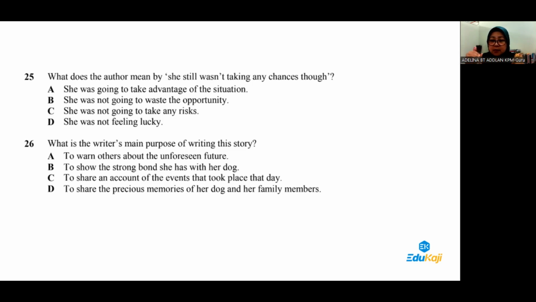A narrative text is something like a story. When it is a story, you have to really read between the lines because sometimes they would use some bombastic words, very high-end words. And if you were to read from the first paragraph, you will see that this is actually related to her memories of what she did throughout.